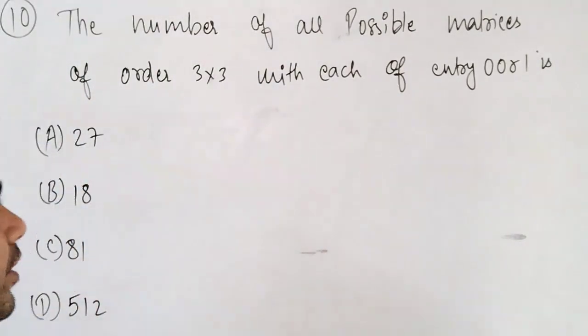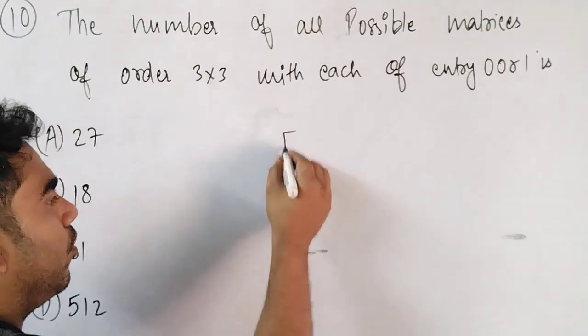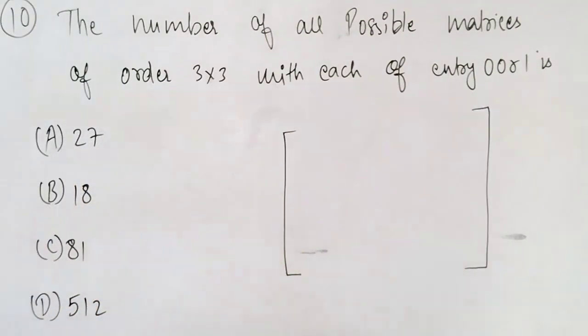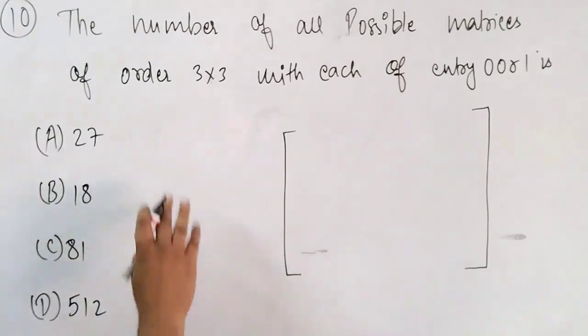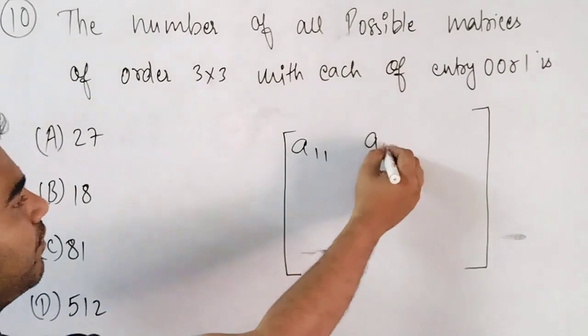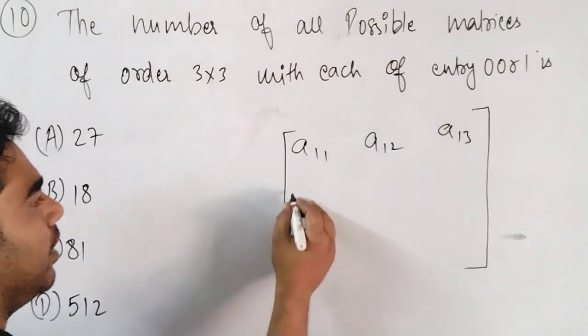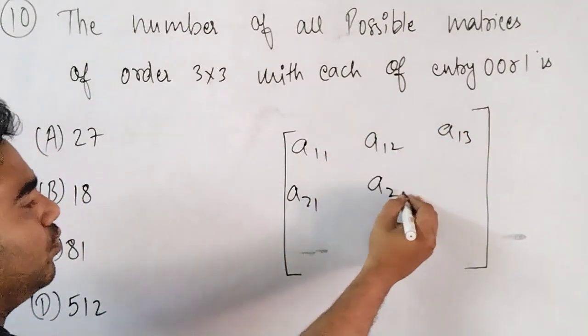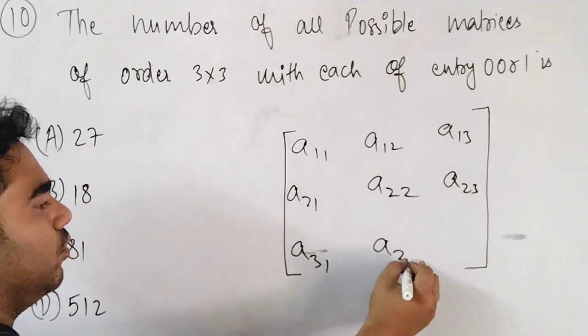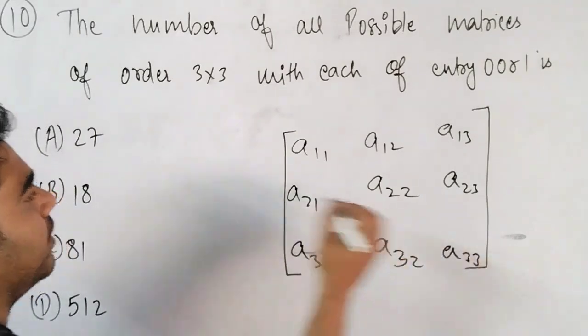Here first of all we need to set up the matrix. A 3 by 3 matrix: A11, A12, A13, A21, A22, A23, A31, A32, A33.